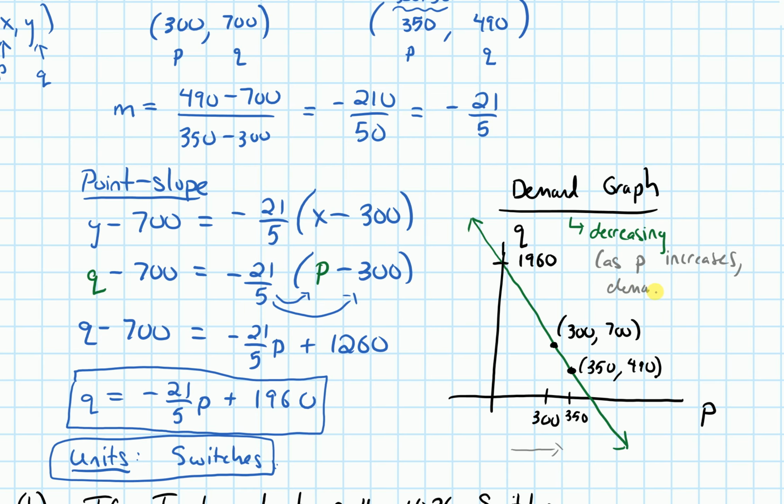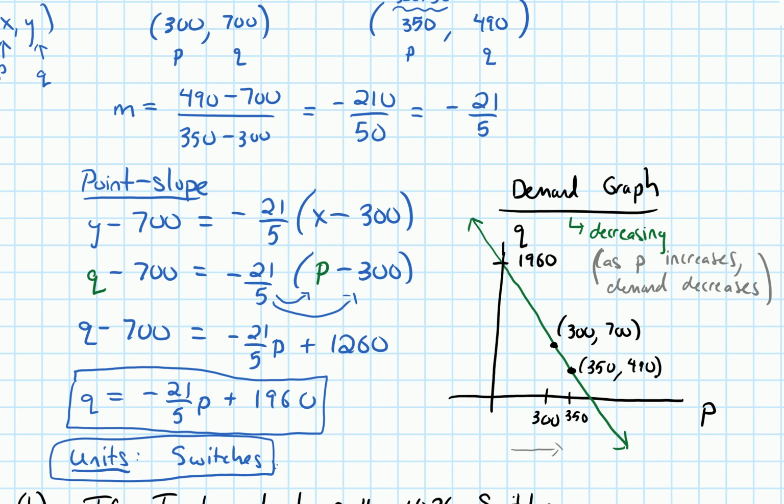As that happens, we would expect that fewer people will actually buy it. The demand decreases. Usually this is the case in the real world. If the price of an item goes up, typically fewer people will go out and buy it, because if it gets more expensive, they might think that it's not worth it anymore, or maybe it's outside of their budget. But usually for reasons like that, the demand decreases.